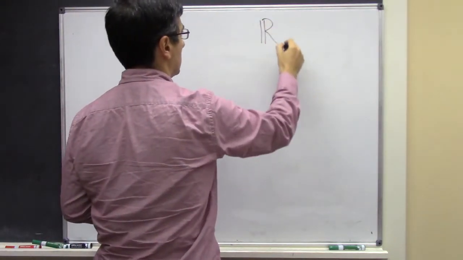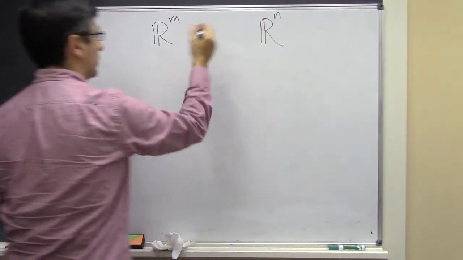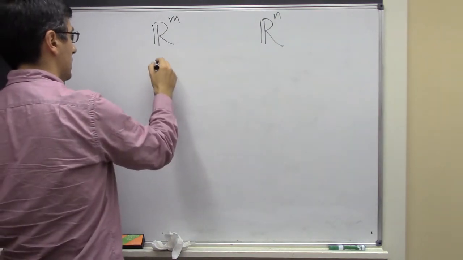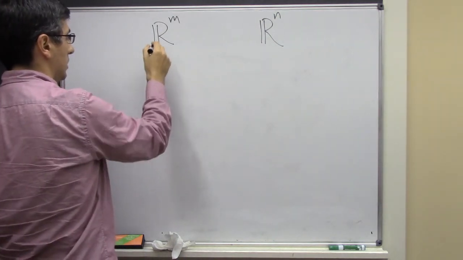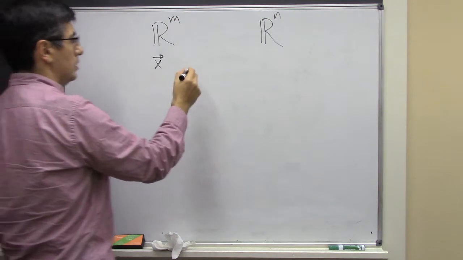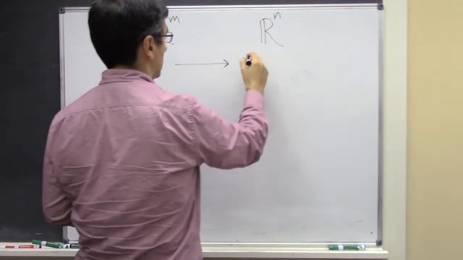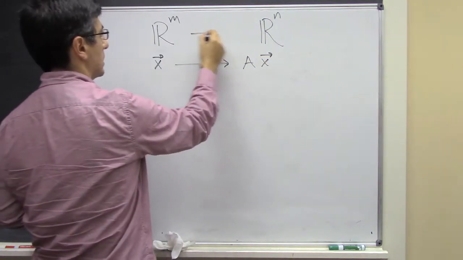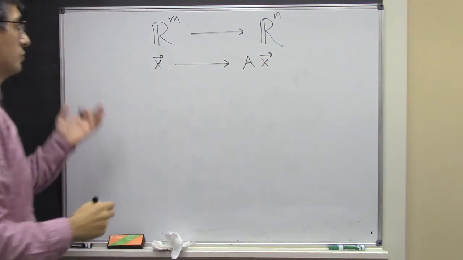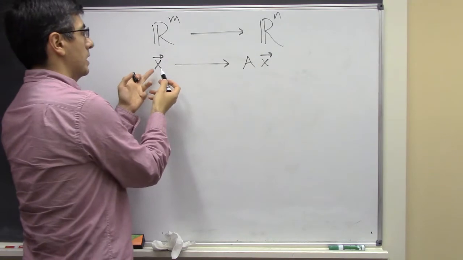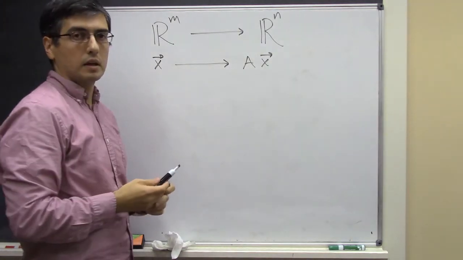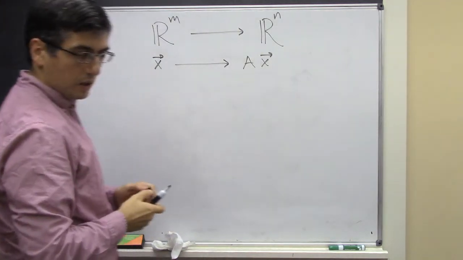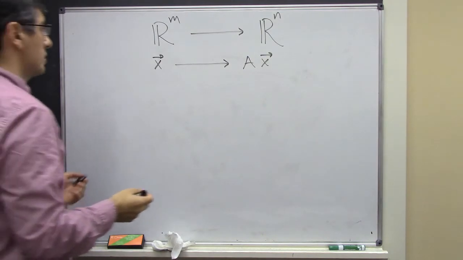So we have R^m and R^n. You take a vector here and you send this to Ax there. So there is a rule that assigns to every vector here a vector there. So this is an example of a linear transformation.